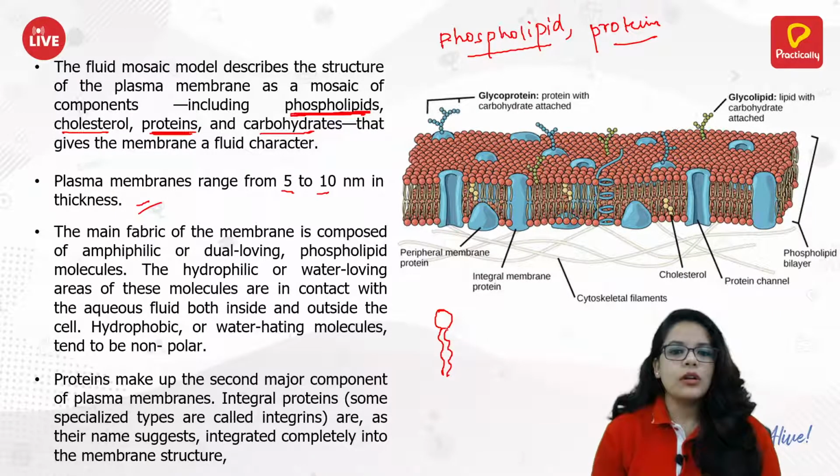This is how a phospholipid molecule looks. This is the hydrophilic part. Hydrophilic means it loves water. It is not repelled by water, it is attracted to water. And this tail structure is hydrophobic.